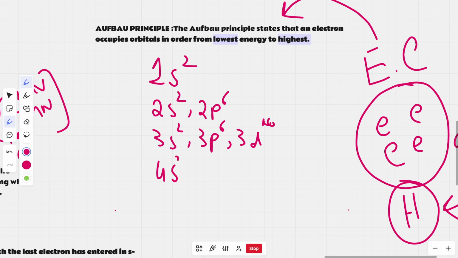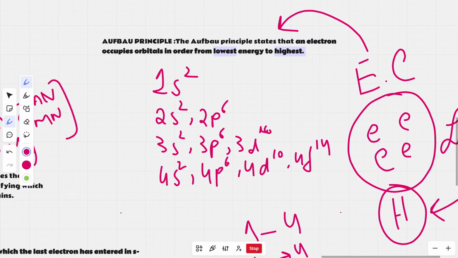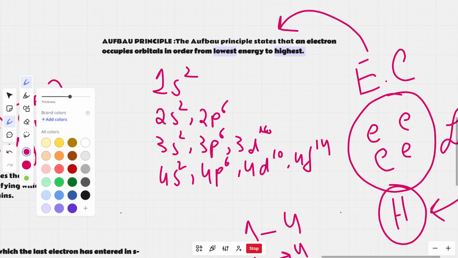Now 4s2, 4p6, 4d10 and 4f14. As we know mathematically, 1 is smaller than 4. So what does it mean? That 1 is lowest energy and 4th is highest energy. So we will be arranging all the electrons on the basis of what?